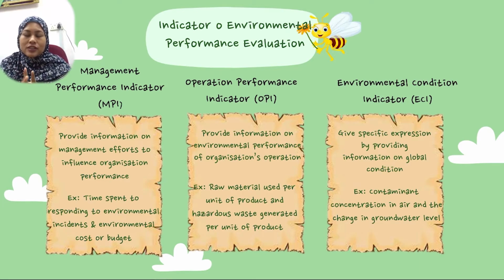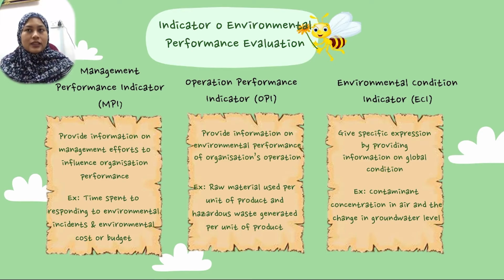The second one is OPI, Operation Performance Indicator. OPI provides information on environmental performance of the organization's operation. Examples for OPI are raw material used per unit of product and also hazardous waste generated per unit of product.